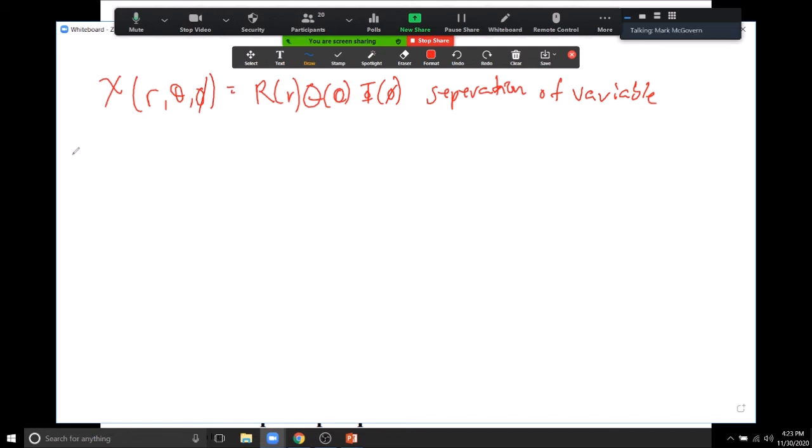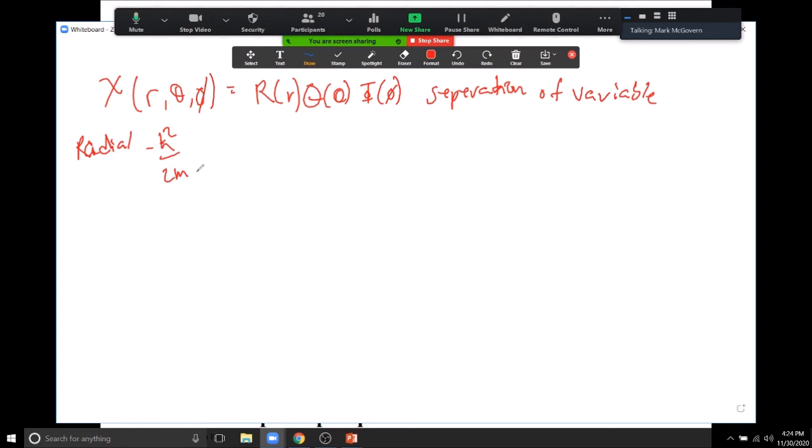So the radial component, when you plug everything in and attempt to clean things up, looks like the following. You get your minus h bar squared over 2m.